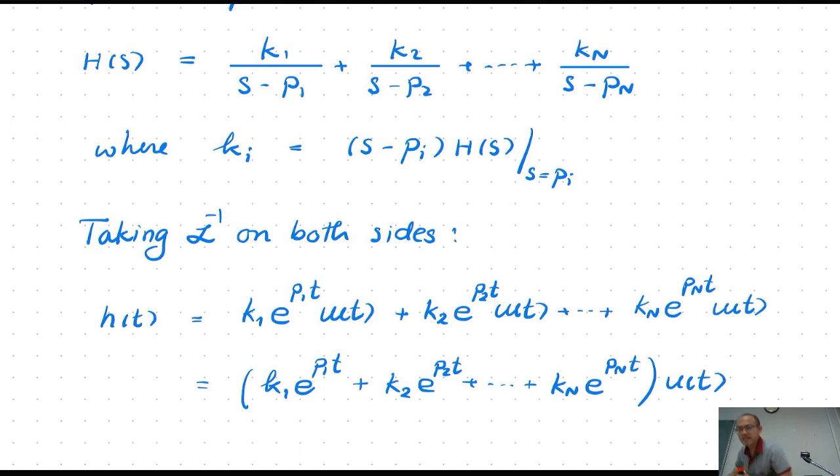So you see, we see that the poles in H(s) are just the exponent values in each of the exponential terms here. So this is the simplest case. This is the easiest case.